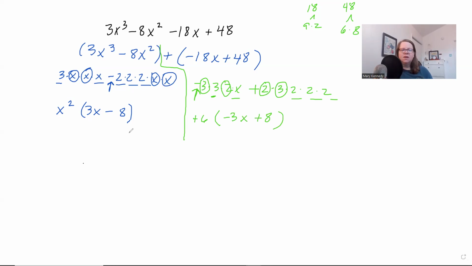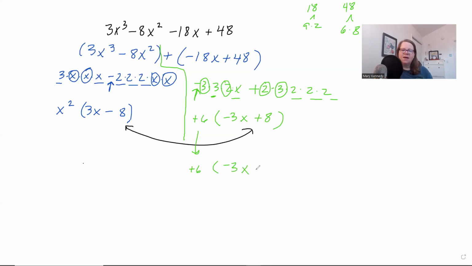Okay, so now we always want to look to see if these are the same. These are not the same. That means that we have another step to do that we don't always have to do. If these are not the same, and you see how the difference is just the positive and negative going on, we're going to go back to the second one. And I'm just going to bring down the plus 6. And I'm going to think about, this is negative 3x.